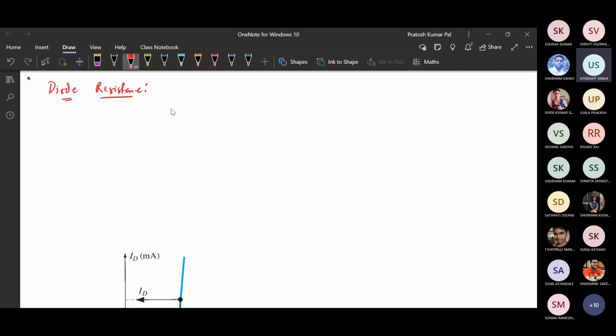Based on the AC and DC load, the circuit is represented in its equivalent form. That equivalent form will be decided by the equivalent resistances. So this diode has different resistances, and we will see what these resistances are. The first one is called the DC resistance, or we can call it the static resistance.